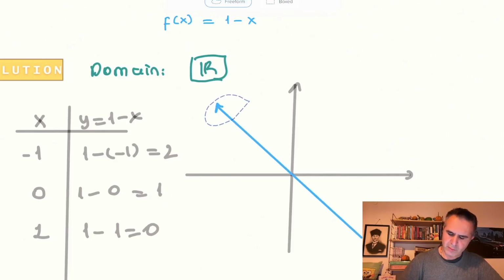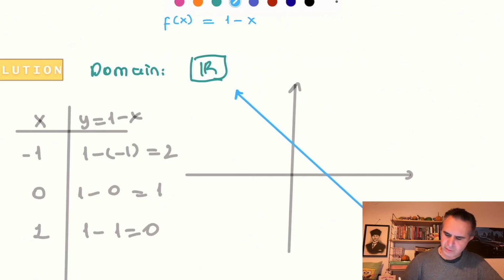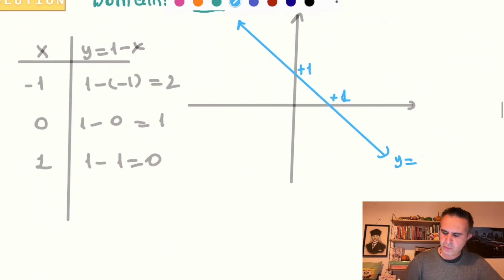And for x equals 0, the function passes through plus 1. This is the graph of y equals 1 minus x.